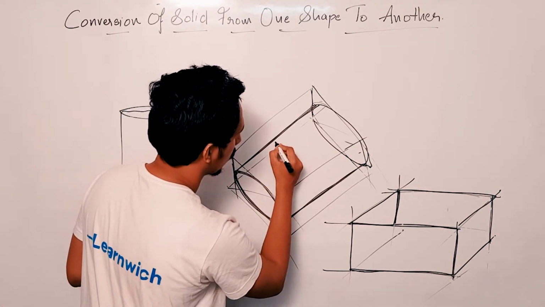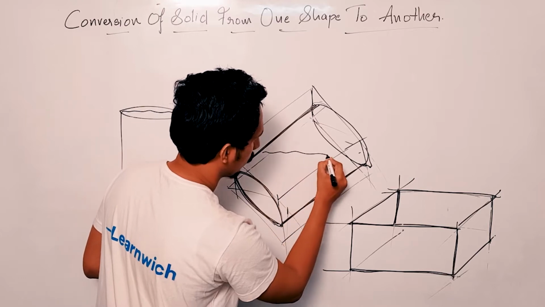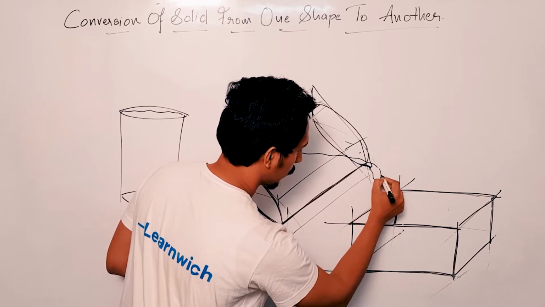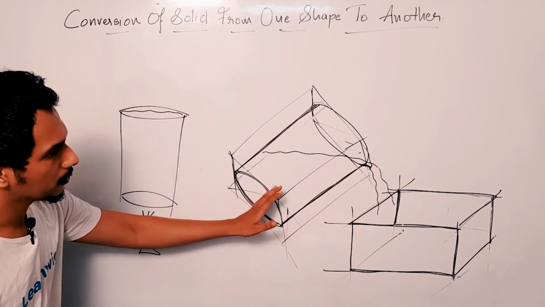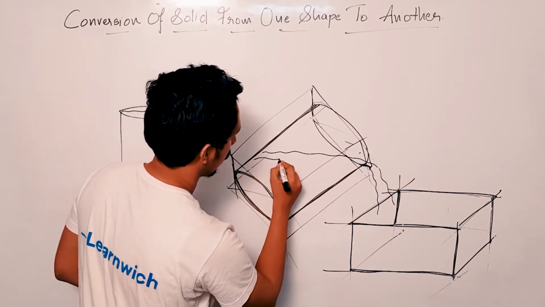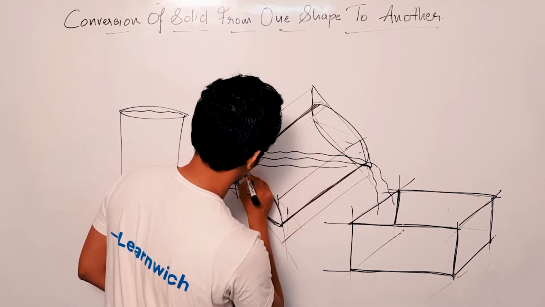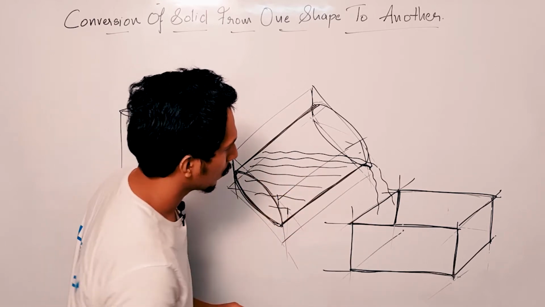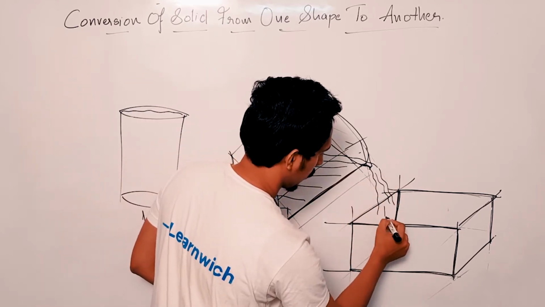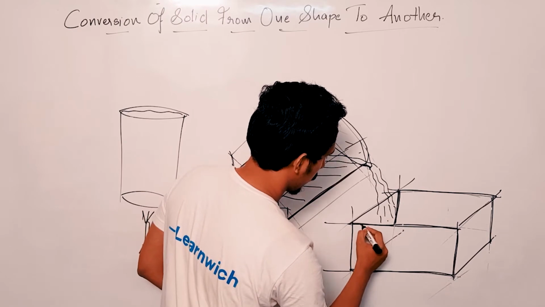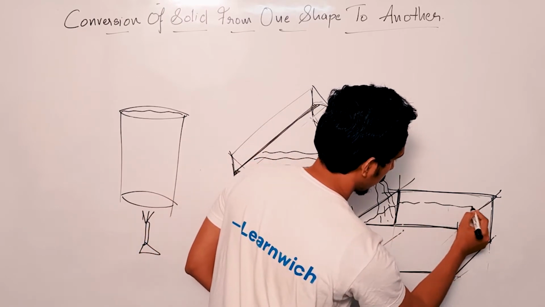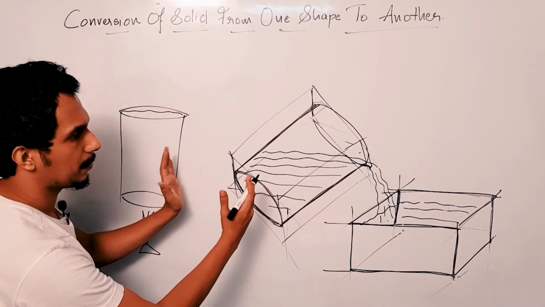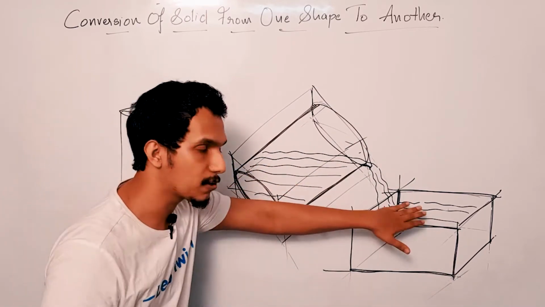Whatever molten wax was inside will now start to flow into this cuboid, this box. This starts to fill like this. So from this cylinder, I'm tilting this wax to fill up this cuboid.